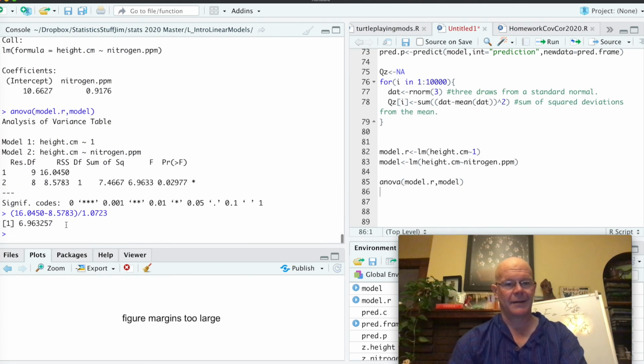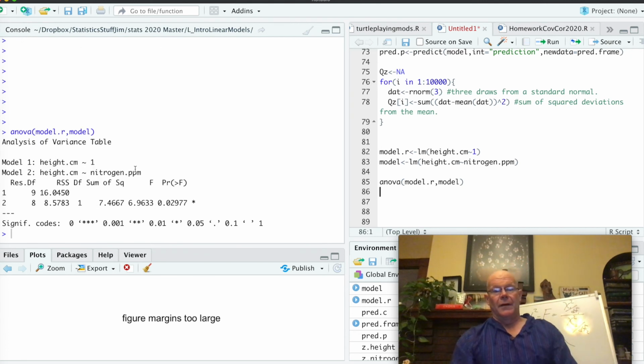So we do that, and look at that. That's where we get our F statistic. So that's another way that we can compare those two models, okay?